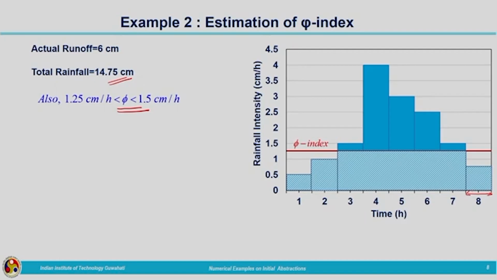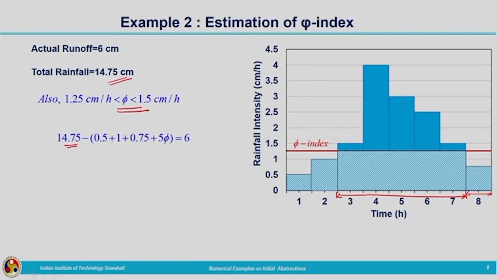But between 2 hours and 7 hours, we have a constant rate of abstraction represented by the phi index value. Once we deduct those abstractions in terms of the phi value from the total rainfall, we should get the runoff depth. That is what I am writing over here.